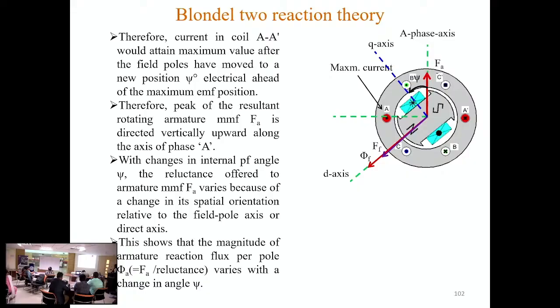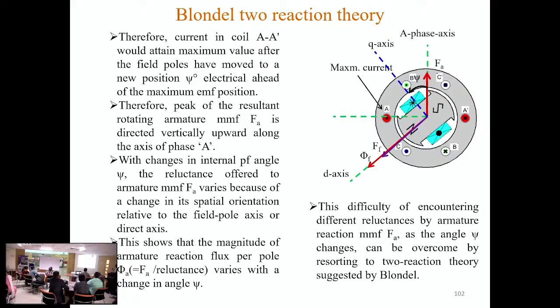If we resolve this FA, one will be along this line, another along this line. The component of FA along this line will face reluctance due to the maximum air gap, and the component along this line will face the reluctance due to this small air gap.